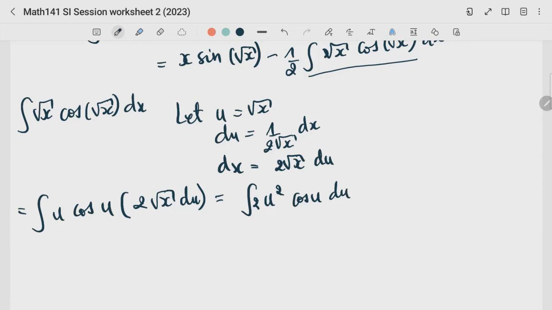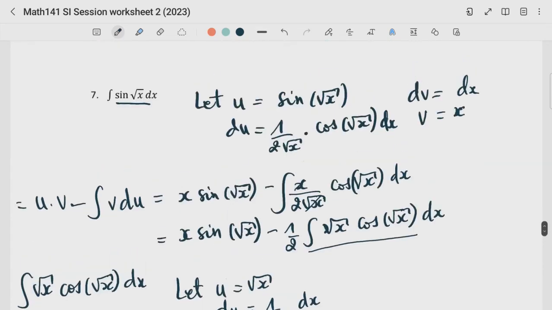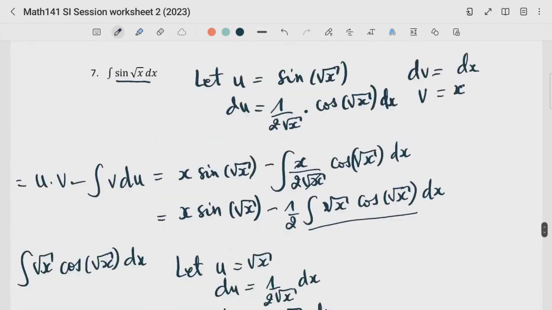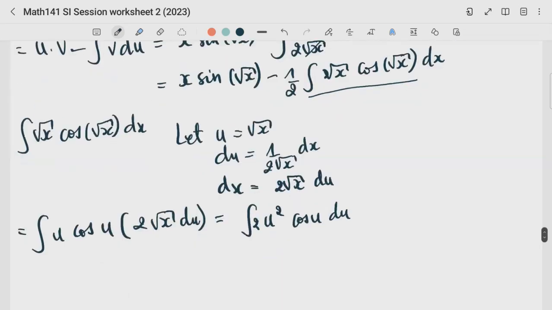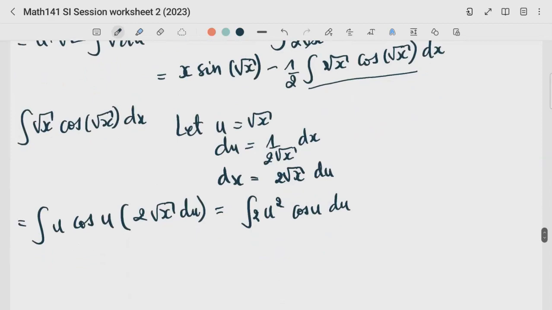So now that we have that, what can we do here further? What can we do to move along from here?